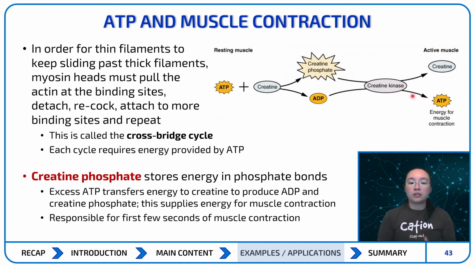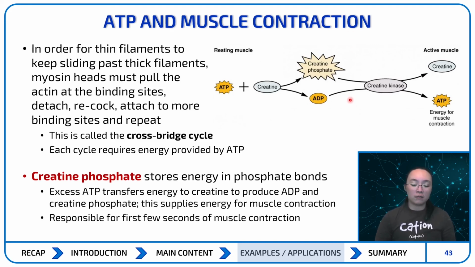Just to summarize, the whole reaction is catalyzed by creatine kinase and occurs really quickly. So creatine phosphate derived ATP powers the first few seconds of muscle contraction, but it can only provide approximately 15 seconds worth of energy, at which point another energy source has to be used.